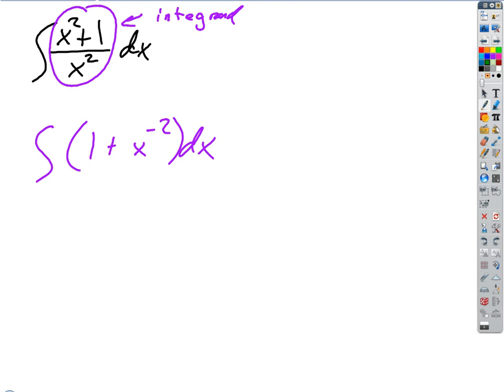I should be able to break this up into two separate smaller antiderivatives, which we can do. Whether we do this on paper or just in our head, I would say just in your head, there's this intermediate step where we say, okay, that's the antiderivative of 1 dx plus the antiderivative of x to the minus 2 dx.